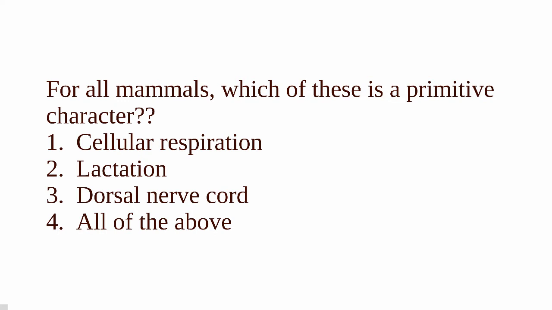And the question to ask yourself is, did the common ancestor of all mammals have these characteristics? And the answer is yes, they all use cellular respiration, they all lactate, and they all have a dorsal hollow nerve cord. Now characters 1 and 3 are primitive characters of other groups as well. So we'll practice this in class. It is confusing. This is just a little taste.